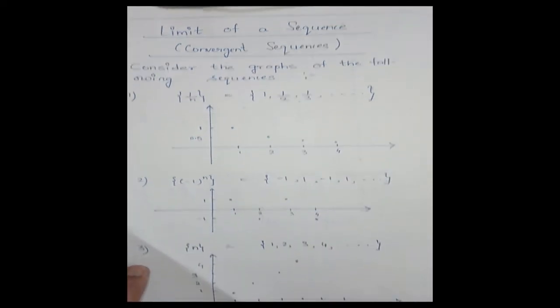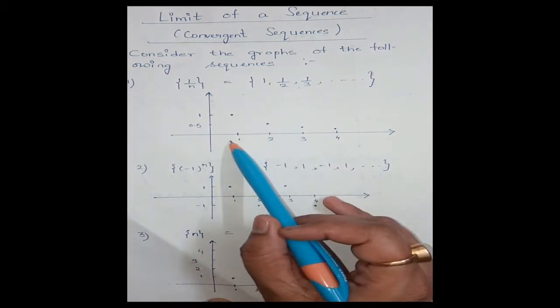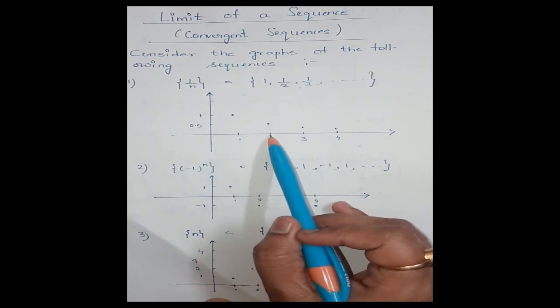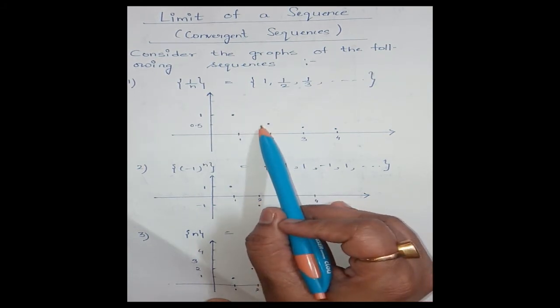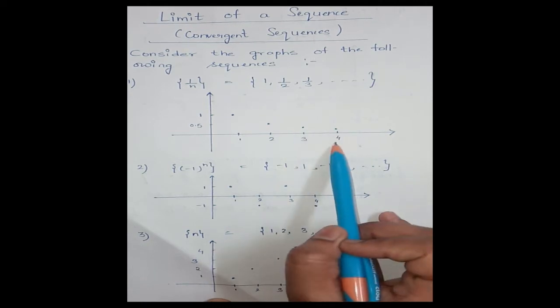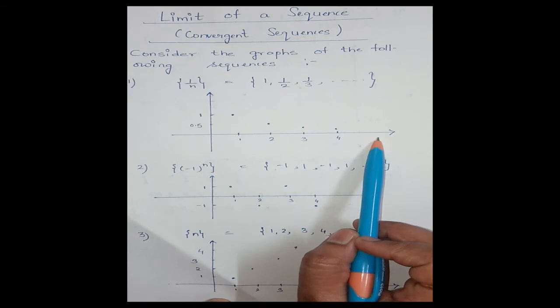Now, the graph of this sequence: when n is 1, the value is 1. When n is 2, 1 by 2 is 0.5. At 3, 1 by 3, 0.33. At 4, 0.25, and so on. The graph is like this.